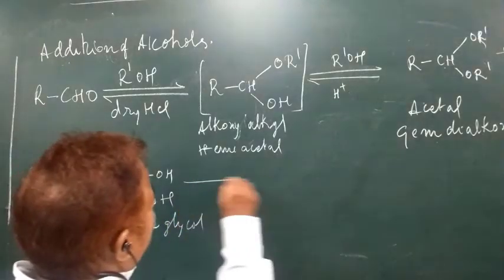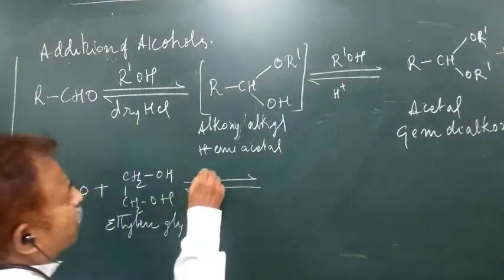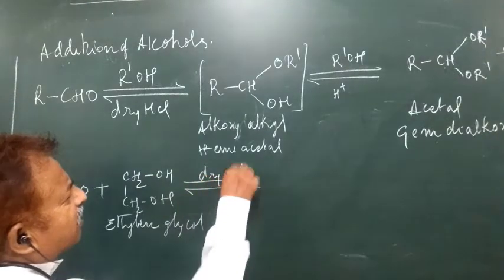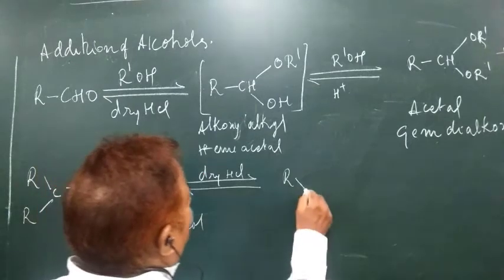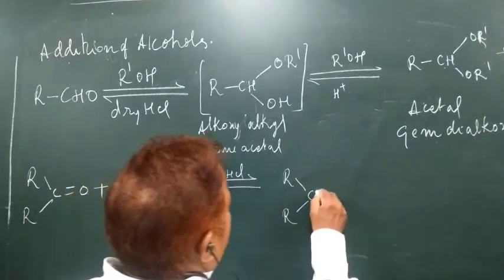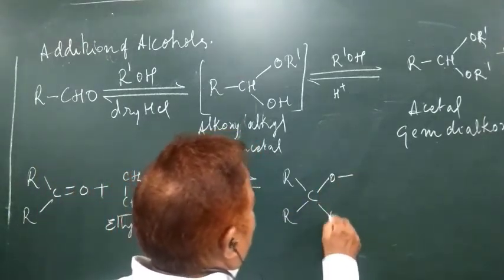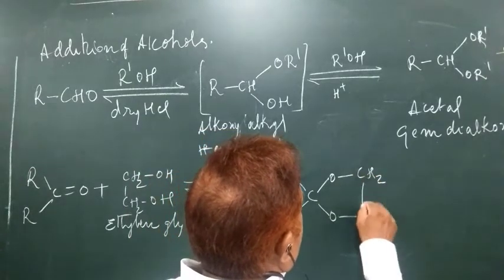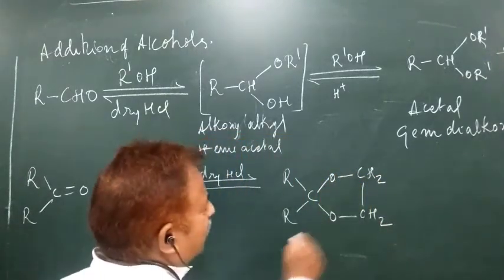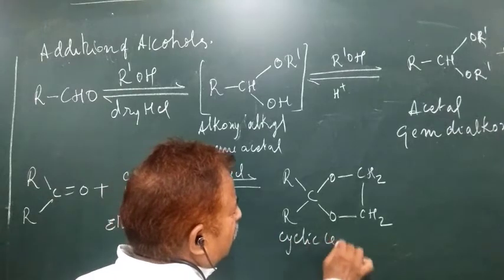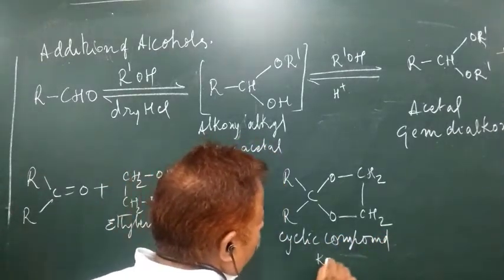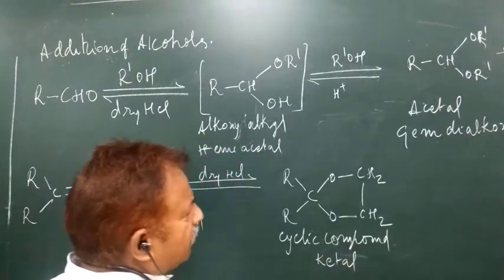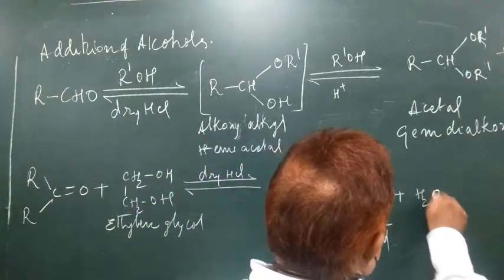Under similar conditions, meaning in the presence of dry HCl, we get CH2. This is a cyclic compound, and this cyclic compound is known as ethylene glycol ketal, plus H2O.